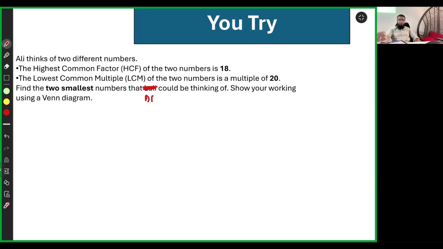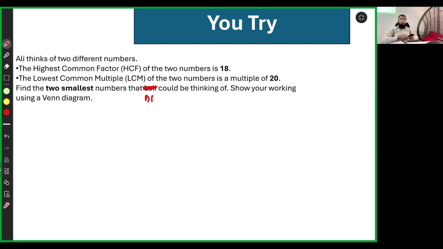Yeah, exactly. So your number 2 times 3 times 3, that is 18. So 18 times 2 times 5 क्या बनता है जी? 180, and that is divisible by 20. What do you think? That will be a smallest number.